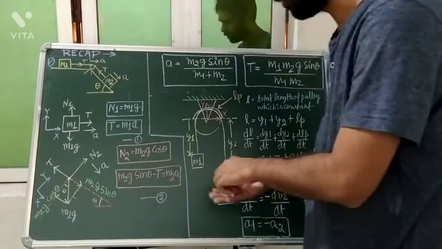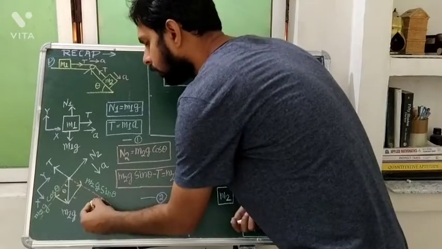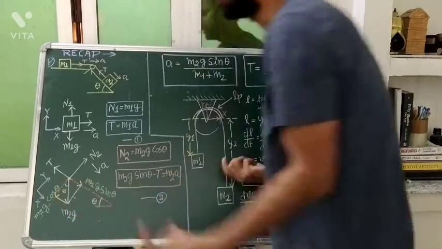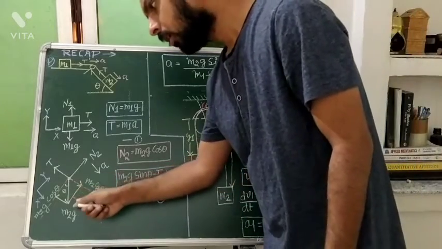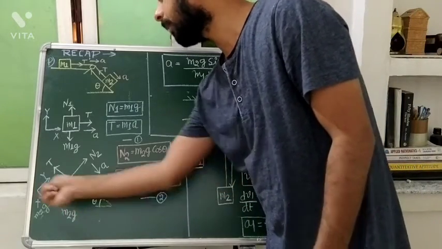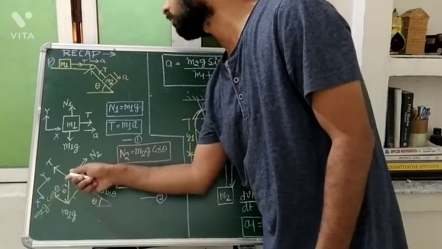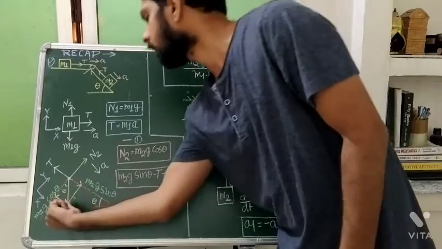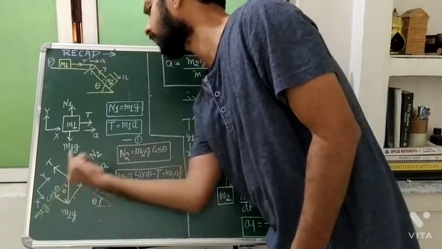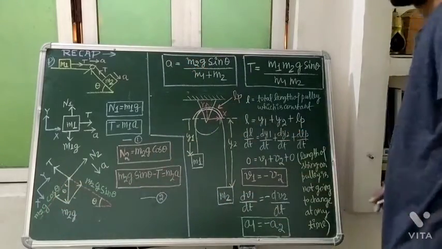Of course, if this one is theta, students, then this will also come out as theta. That I have told you. So when you resolve this m2g, the base side will be m2g cos theta, and the perpendicular side will be m2g sin theta. This will be perpendicular here, so we can say theta. That I have also discussed.